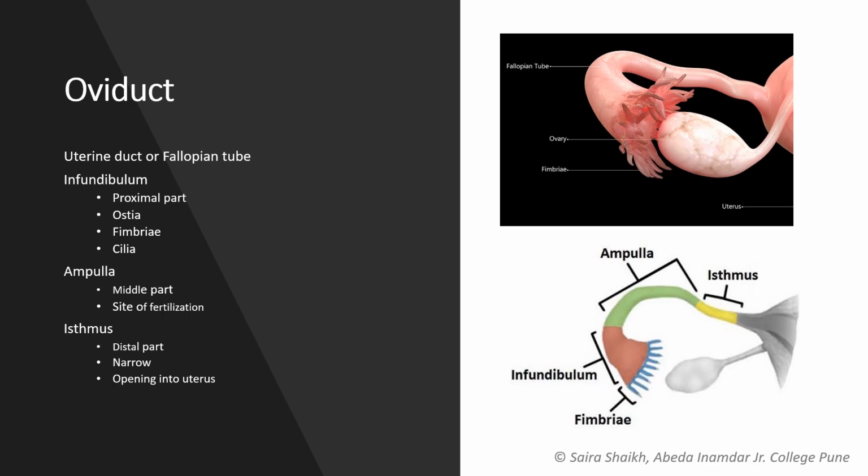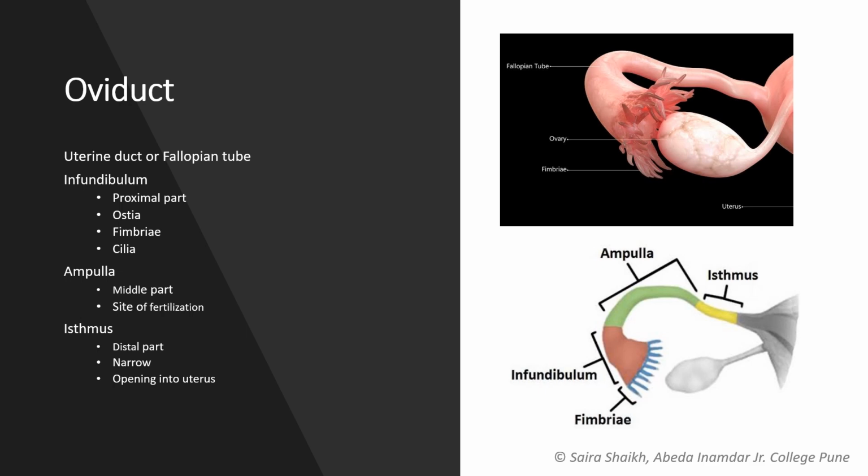Students, now we will focus on the accessory ducts present in the female reproductive system. These are the oviduct, uterus, and the vagina. Look at the figure. The oviduct is mainly divided into three regions: infundibulum, ampulla, and isthmus. Infundibulum is the proximal part of the oviduct.